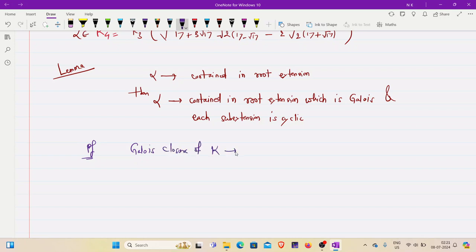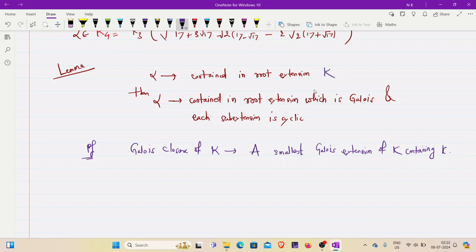So Galois closure of K is nothing but the smallest Galois extension of K containing K. So here we are talking about a field K. So alpha is contained in root extension K, right?